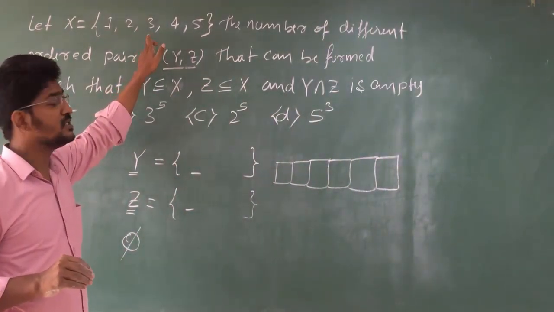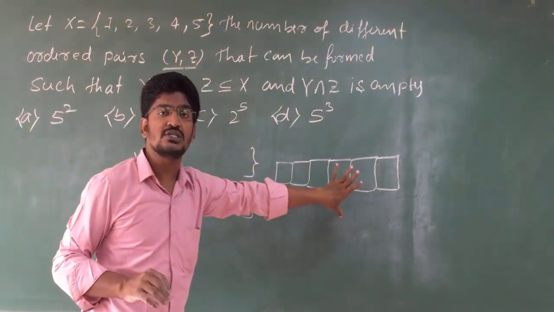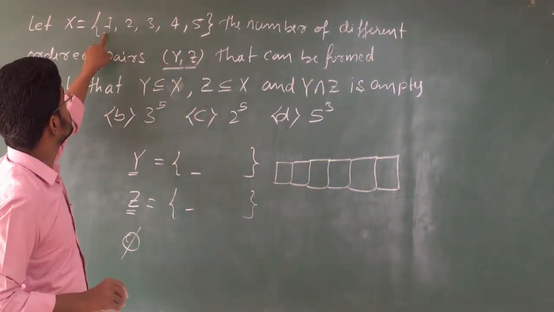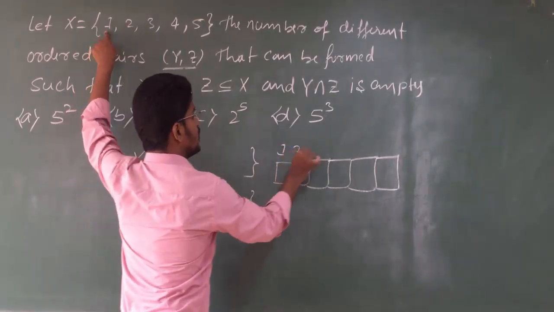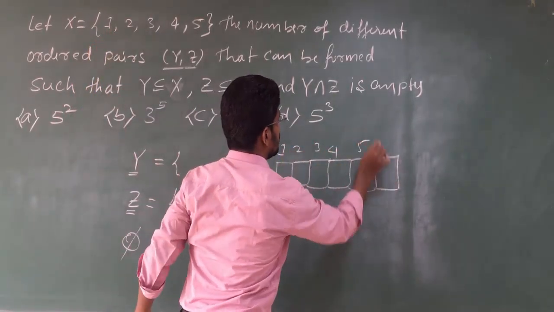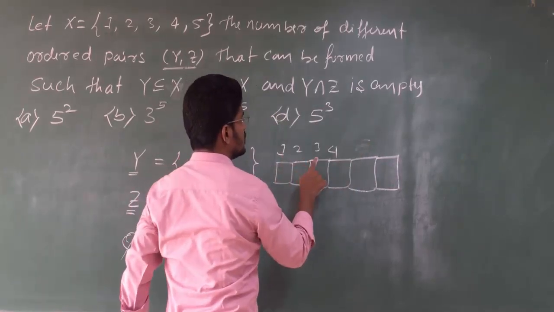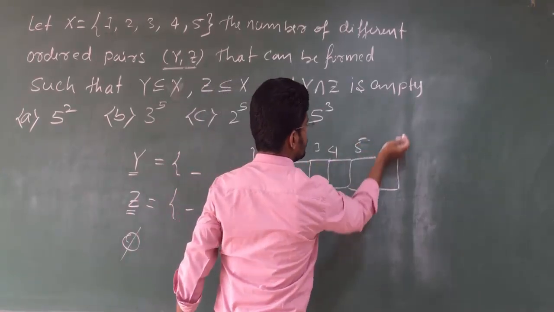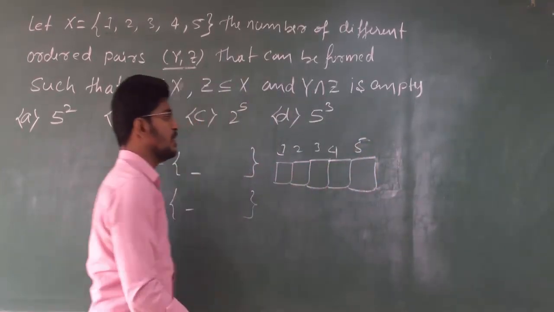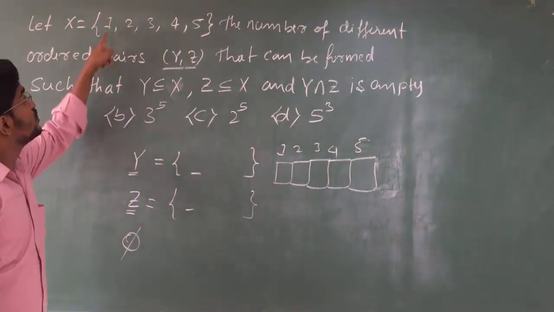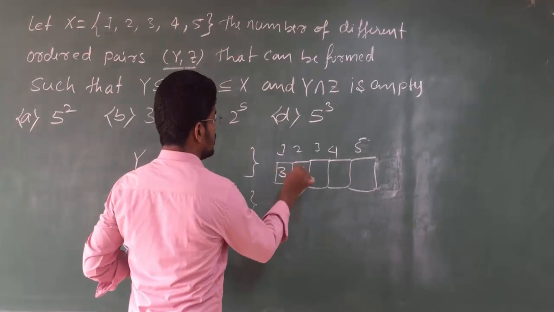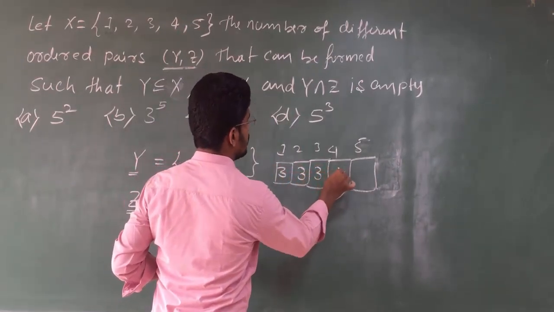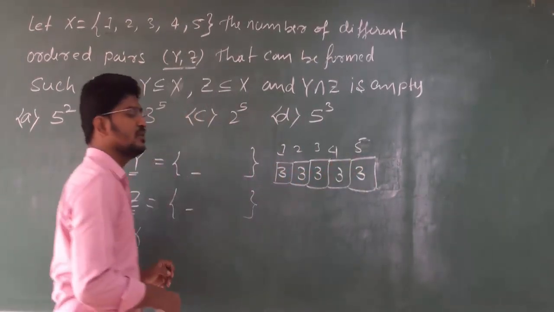Each box has how many choices? 3. The first has 3, the second has 3, the third has 3, the fourth has 3, the fifth has 3.